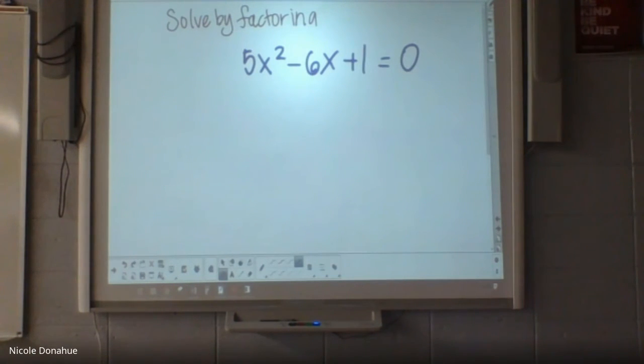Then you use those to split that. Remember, this is when we split the middle term up using two other factors. It's asking you to solve by factoring them. So this is on the yellow sheet, on the third column.